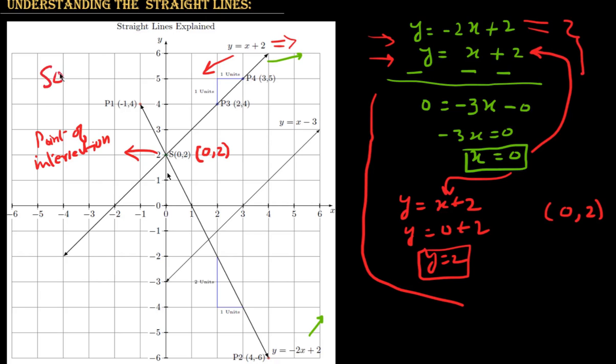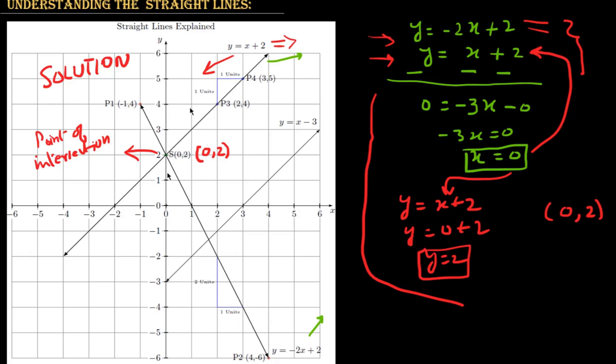So now you know how to find the solution of two straight lines or two linear equations in two variables, x and y. If the equation is only in x, then of course you can describe it as a special case of a line, but then finding a solution is different. It's easy, it's just a one-step solution.